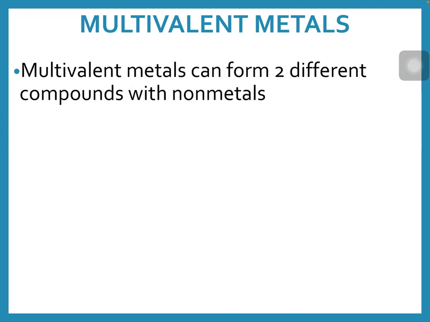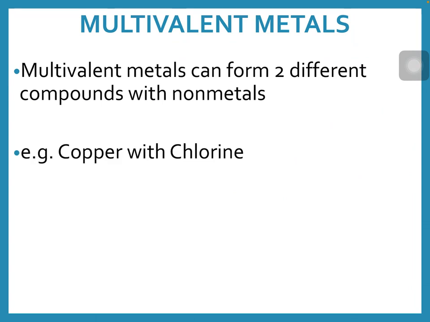Because we have more than one option for these multivalent metals, it means that when they combine with the same nonmetal, they can make multiple different compounds. So if I take copper with chlorine, copper could be a 1+ or a 2+ that we just saw. And chlorine is in group 7, needs 1 electron that it would gain, so that would be a 1-.